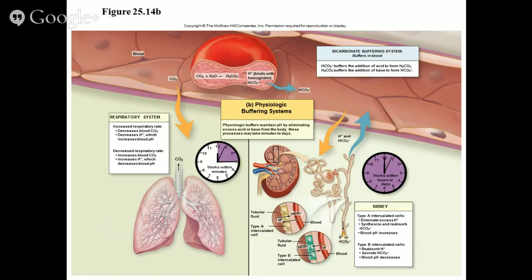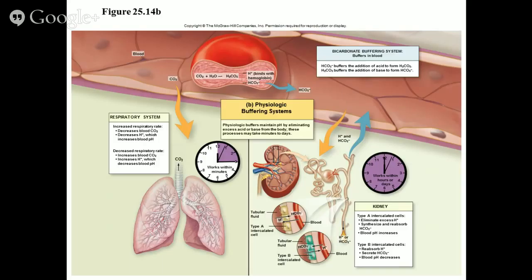If you look to the far right, we'll see where the kidneys are trying to balance out the acid and the base levels. Cells in the kidneys help the pH go up in the blood, which makes things more basic.